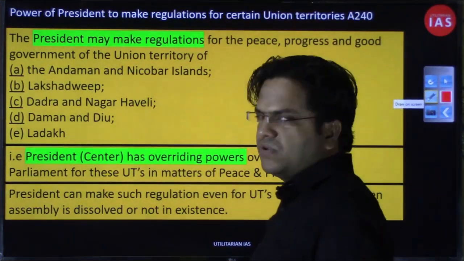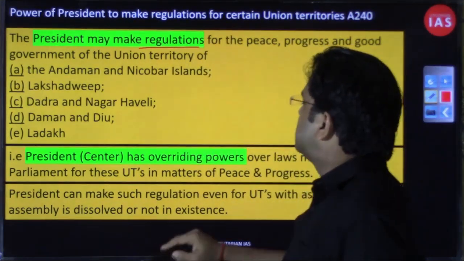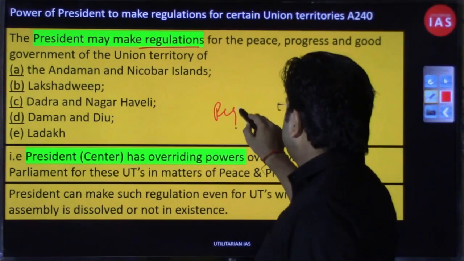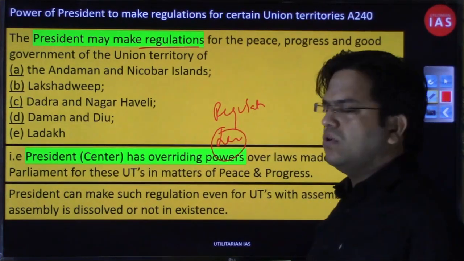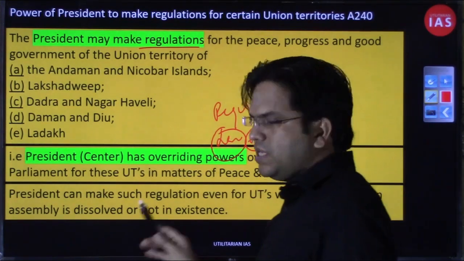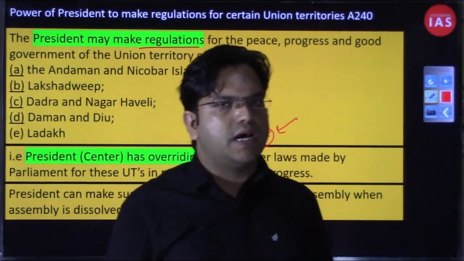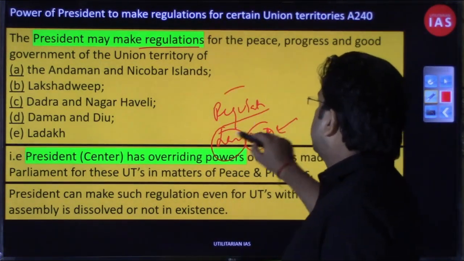If I discuss Article 240, it talks about the president making regulation. Do you know the difference between regulation and the law or act? Laws and acts are passed by any representative body like the assembly and the parliament. Regulations are issued by the executive body.